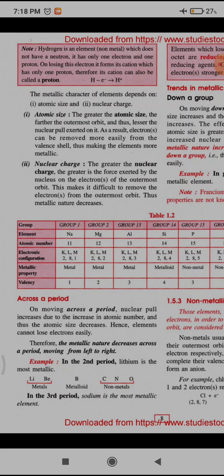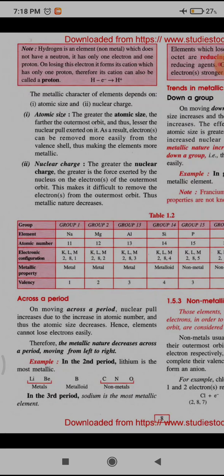Whereas in the other elements, when they form the cation, both protons and neutrons will be there in their atoms. You have already read what atomic size and nuclear charge are, but now we have to see how they affect your metallic character.